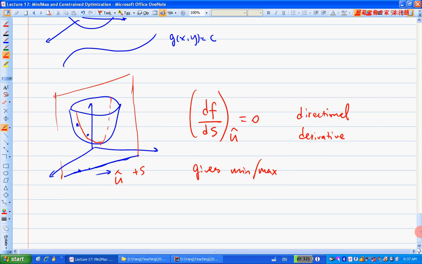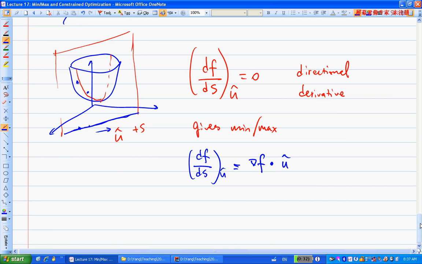What is the directional derivative then? Directional derivative has a formula. Directional derivative equals del f dot u hat.